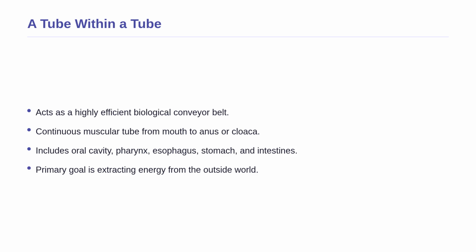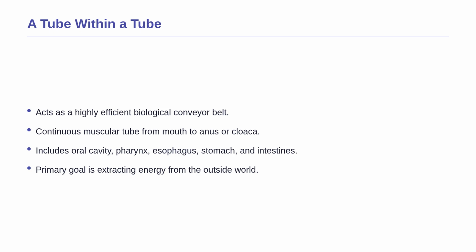To begin our journey, imagine a long, winding conveyor belt inside a highly efficient factory. Raw materials enter at one end, get processed, and waste is dumped out the back. This is exactly what the alimentary canal is. It is essentially a tube within a tube that runs through the animal's body.